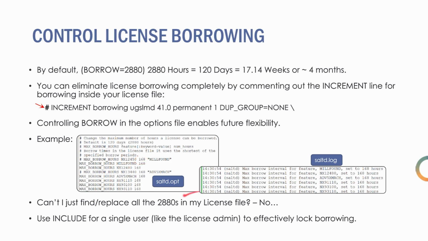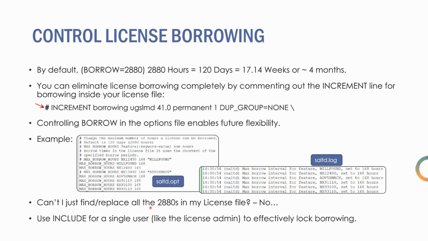That seems more reasonable. So I put max borrow hours set to 168 and the users that I have in the group that are allowed to borrow will then be able to borrow for up to 7 days. I can see that that was successful in the log file. I can see that all these are set to 168 hours.